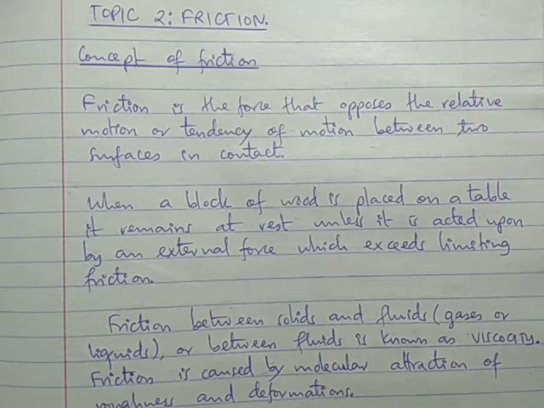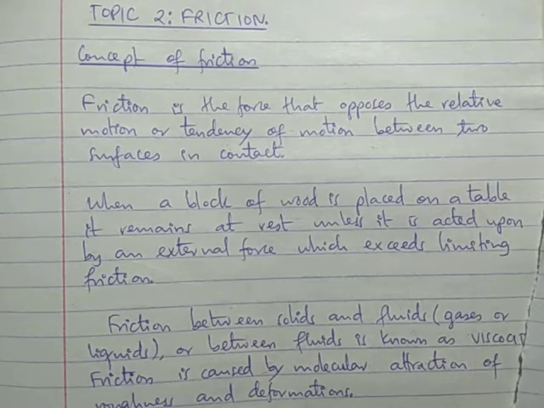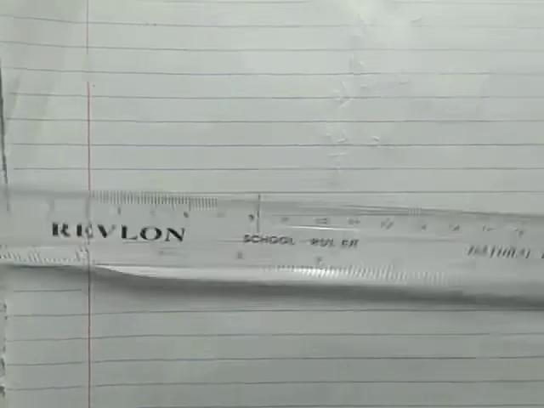I hope you have already heard about friction in your Form 1 physics, and what friction does is to oppose the motion. So let's say we have the motion of a block, and let's say this block is at rest on a horizontal table.